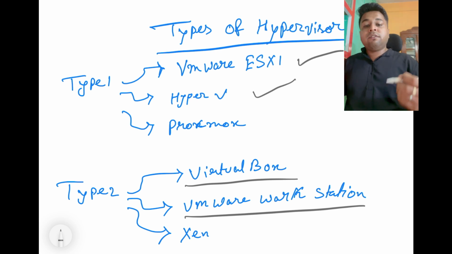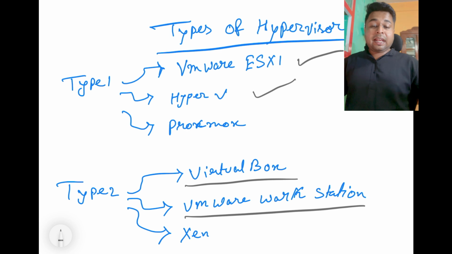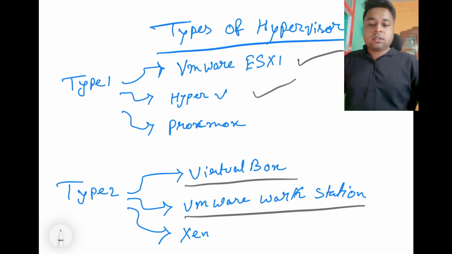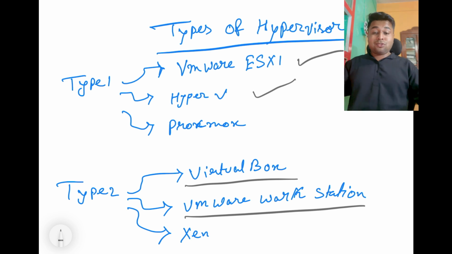But in the next video we will see how to set up your own hypervisor, not with these two because those are paid hypervisors. We will be using Proxmox. Proxmox is a semi open source platform that provides the hypervisor for free, and you can use most of its features like clustering, taking backups and snapshots, everything for free. On top of that, they can also provide support if you face any issue.